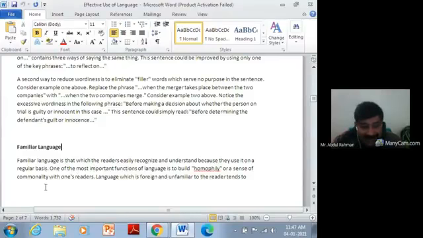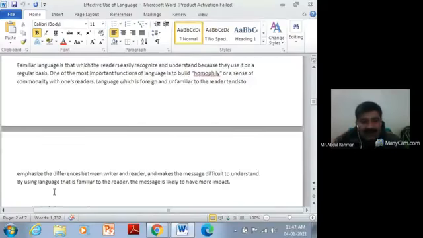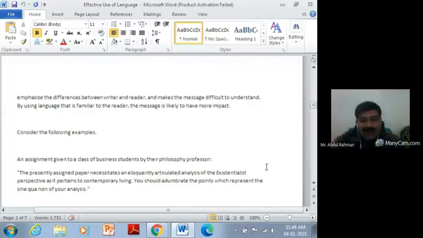Our sense of commonality with one's reader. Language which is foreign and unfamiliar to the reader tends to emphasize the differences between the writer and the reader and makes the message difficult to understand. By using language that is familiar to the reader, the message is likely to have more impact.